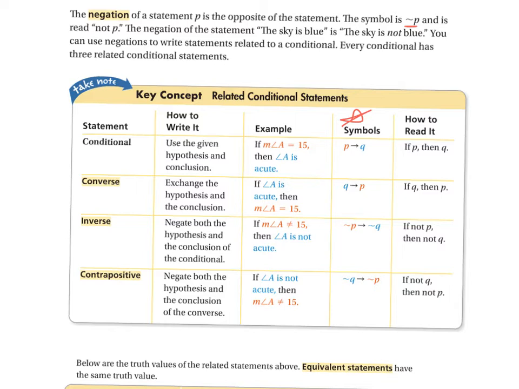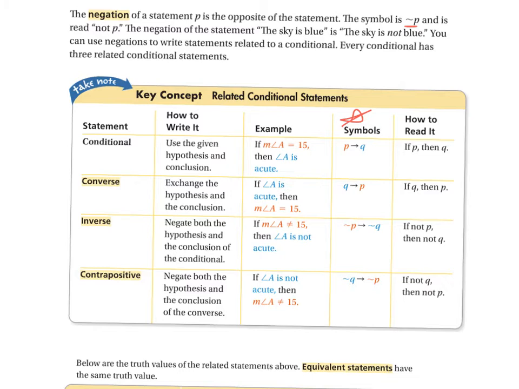The converse of it would be you switch the hypothesis and the conclusion. So if Q, then P. The last part comes first. You just switch them.